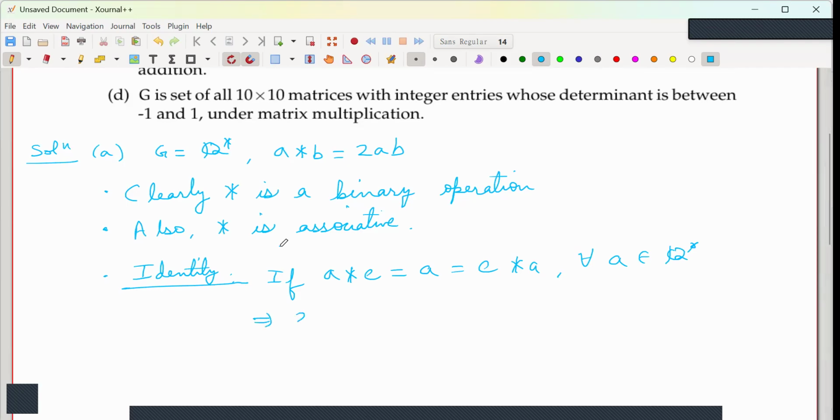Then this implies 2 times E times A is equal to A, which implies your identity should be 1 by 2.